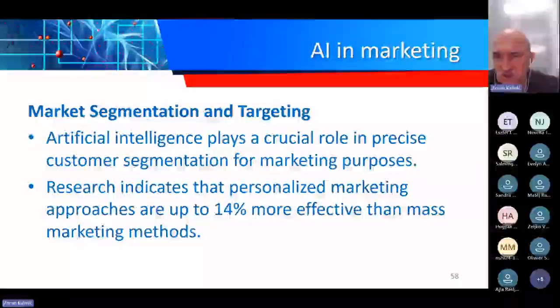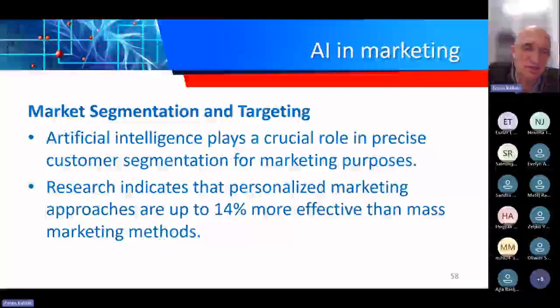Some studies show that a personalized marketing approach is 15 to 40% more effective than mass marketing methods, and it's quite simple. Generally, all digital marketing is better than traditional, and one of the main reasons is this kind of segmentation. Just look at a simple example.